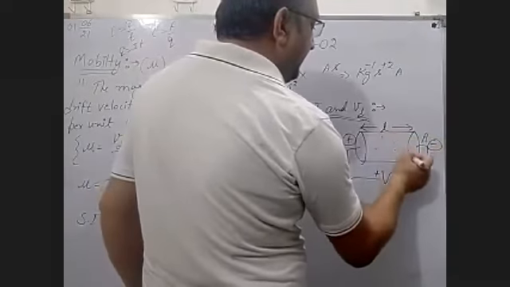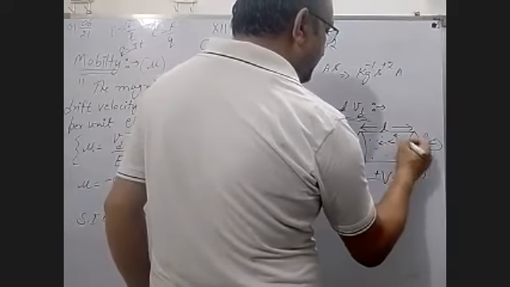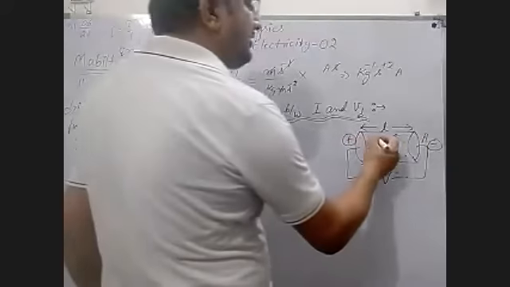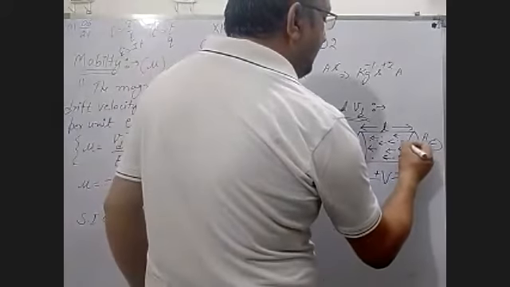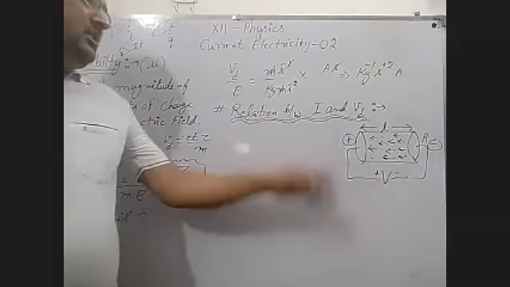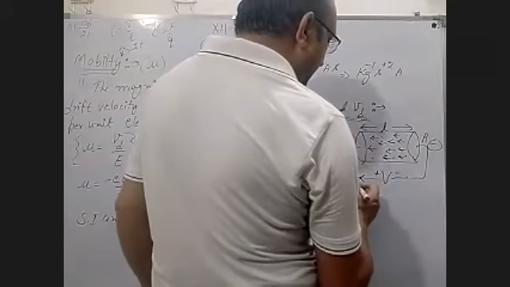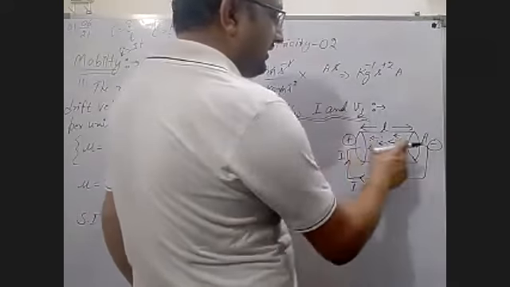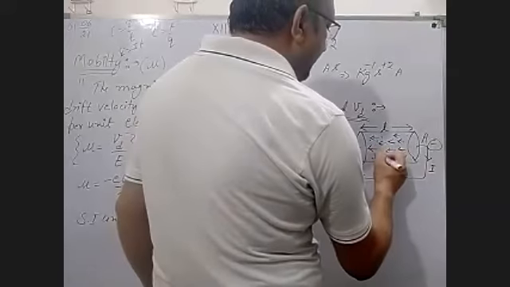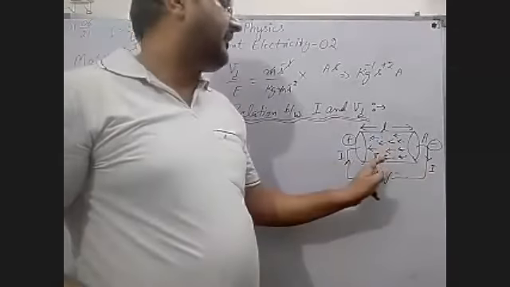And you know very well, free electrons get drifted towards the positive terminal, and the average velocity of all these free electrons is called drift velocity. Now this is the situation in which this is voltage. Current should flow through the conductor like this. Now this is current and here velocity is drift. Now both things, I and Vd, are in this diagram.